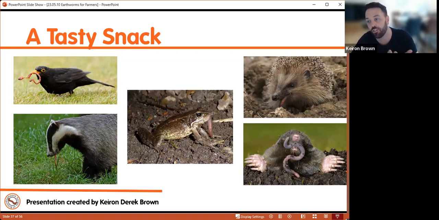There have been studies on badgers that have shown how important the lobworm in particular is to their diet. Moles, which I know not everybody's a fan of, but where would our moles be if we didn't have earthworms? Amphibians, reptiles, everyone's most beloved mammal, the hedgehog. All of these animals would really struggle if it wasn't for earthworms to feed on.